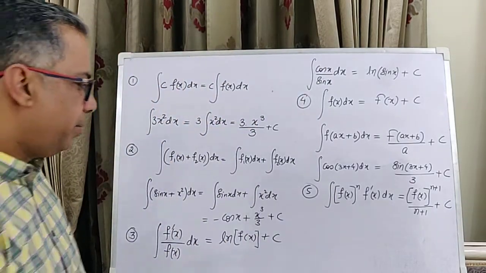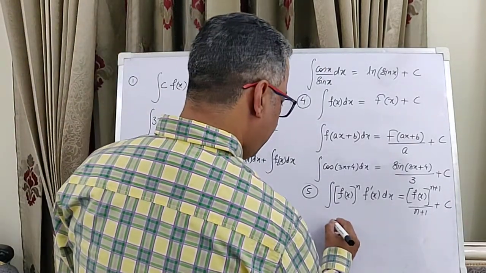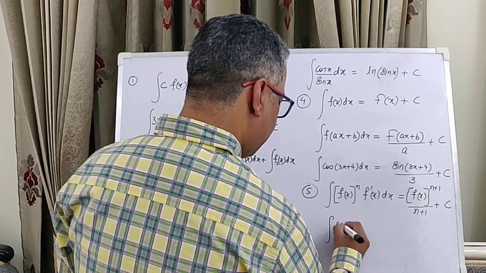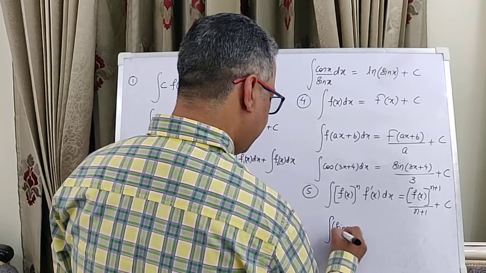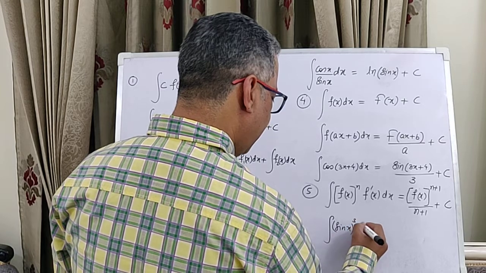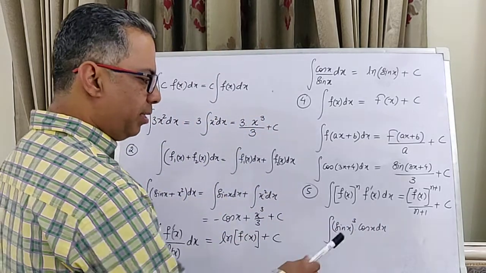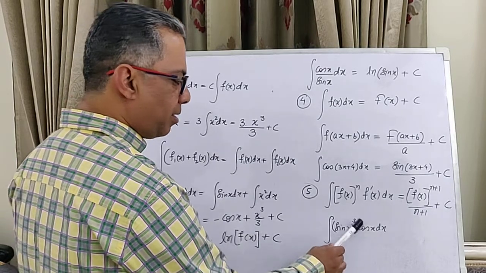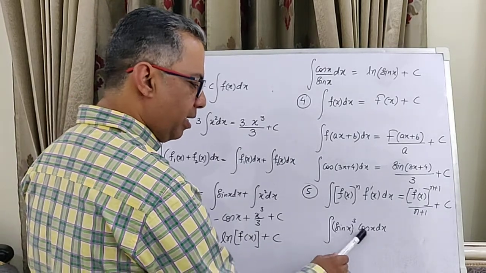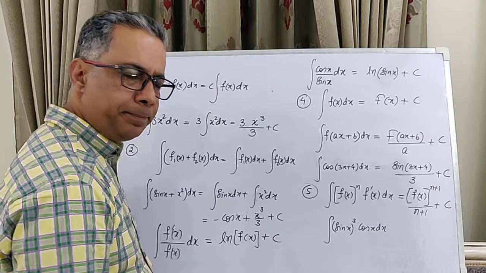Now let me give you a simple example of this. sin x whole cube into cos x dx. What you have now is a function sin x raised to the power 3 times cos x, its derivative, into dx.